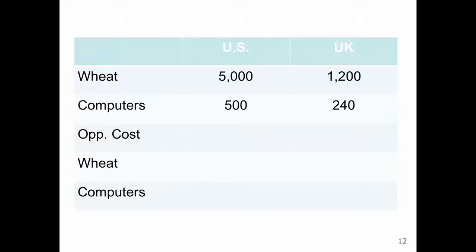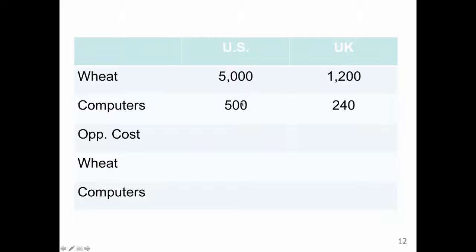And so if you're thinking about wheat, to produce wheat, they would have to give up computers. And so if you imagine moving from a situation where you just make computers to just making wheat, what do you give up and what do you get? You would have to give up those 500 computers to get those 5,000 tons of wheat. An opportunity cost is what you give up divided by what you get.